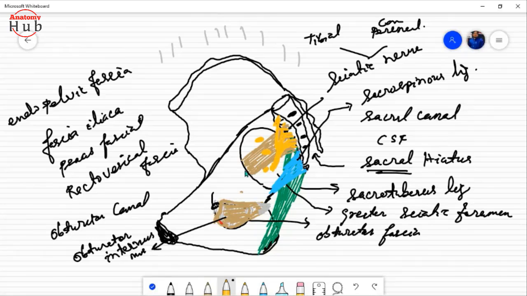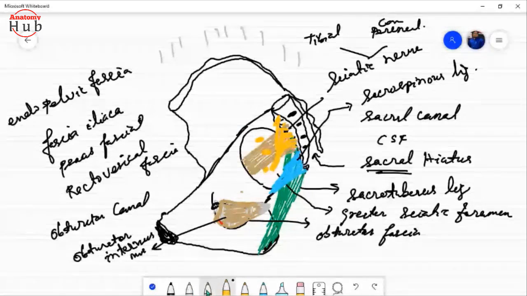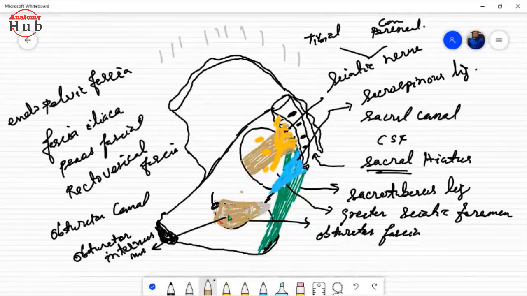Okay, so like that, you'll find some other muscles, right. I'll show you over here. After this piriformis muscle and this obturator internus muscle, this obturator internus muscle is again covered by a fascia, right.